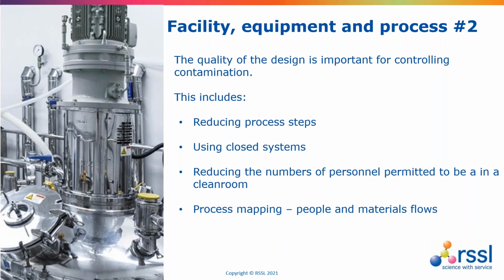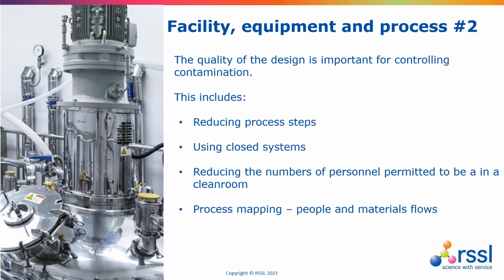And this may include things like trying to reduce the number of process steps if each step is deemed to be a risk, introducing closed systems where possible, bringing in single-use disposable technologies, designing processes that require fewer personnel to be actually inside the clean room, and having good process maps in place so that we can show what our material and people flows are, and that there's a logic to them.